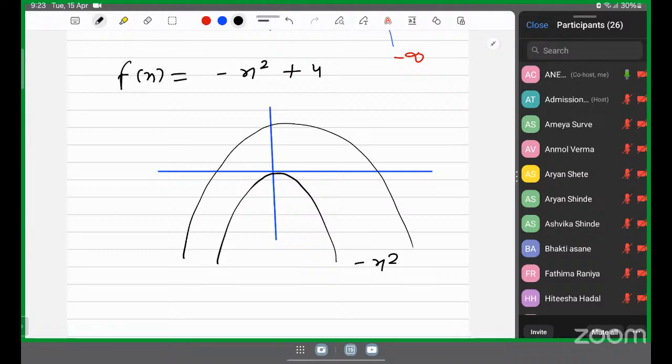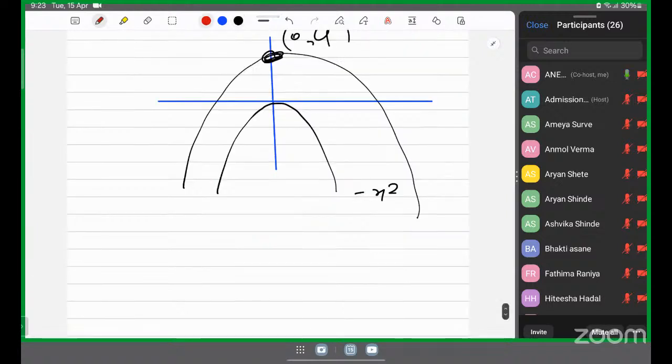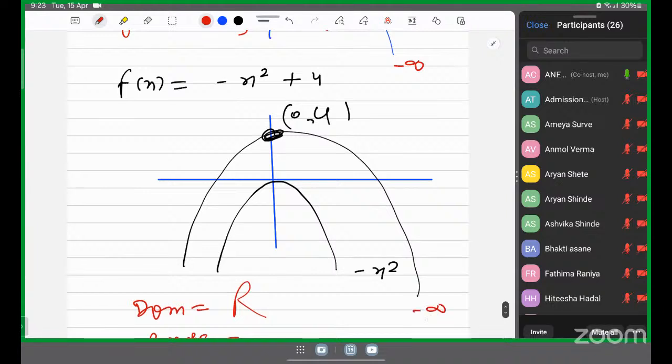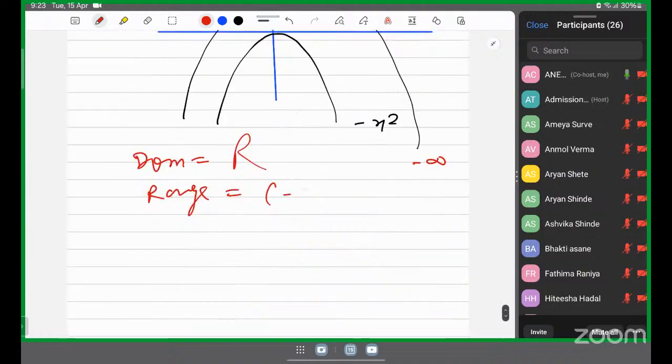So this will be the point 0, 4. Its domain will be the same, that is R, but its range will change. It will start from minus infinity and increase until it attains 4. So the range will be minus infinity to 4. It can attain 4, so we have a closed interval at 4. Understood?